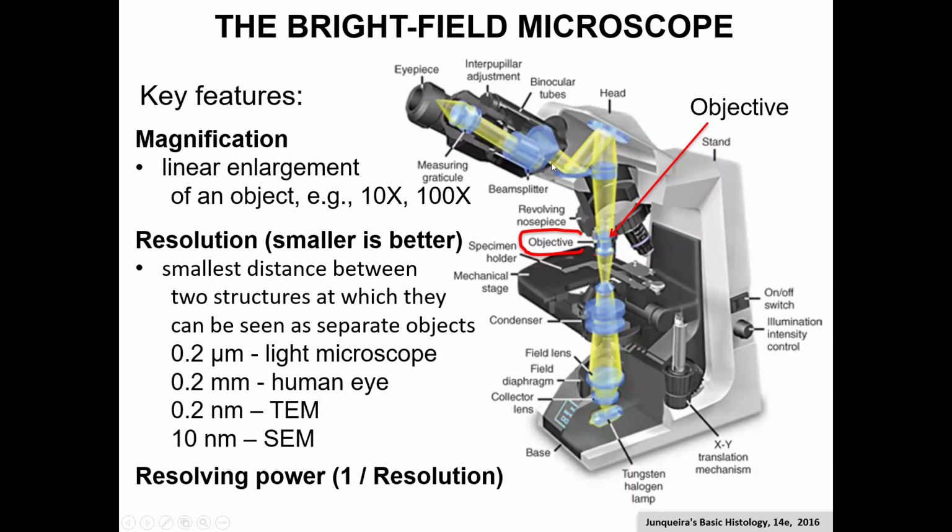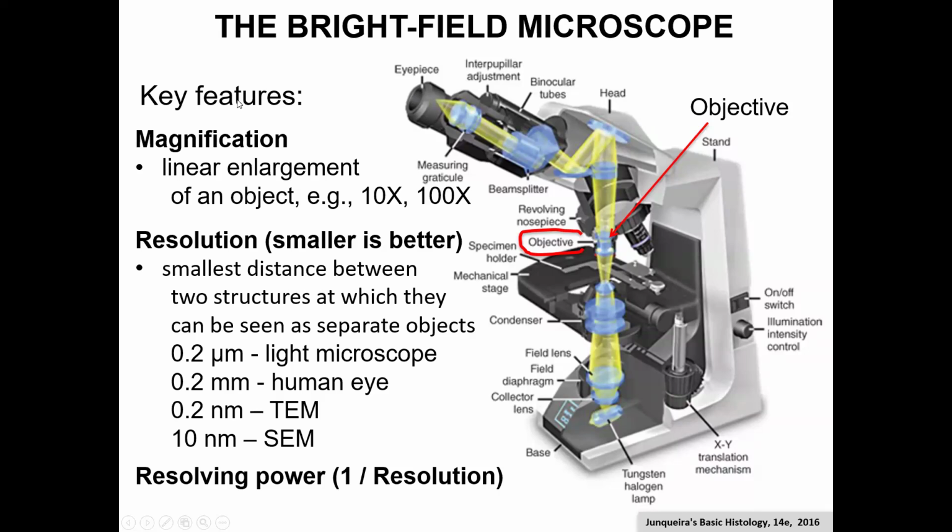The image can then be magnified more through the ocular, and it is focused on the retina if we look by naked eye through the microscope, or on the screen of a digital camera, and one collects the image as a digital file.